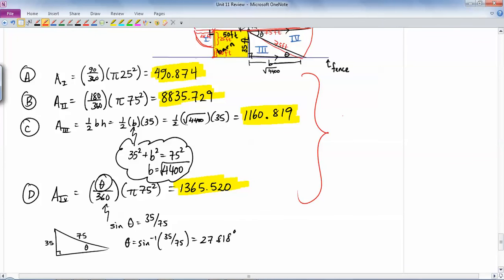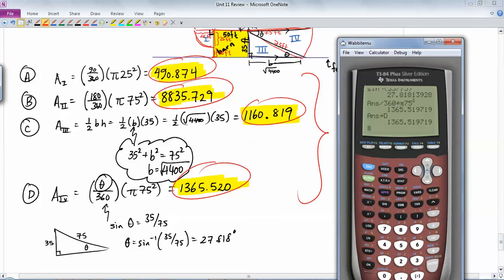So I need to add them all together. So I want the sum of all of my areas. So I'm going to add up the 490, that thing, and that thing. But really on the calculator, I don't have to bother cutting and pasting them. I can just say, since I stored them as A, B, C, and D, I'll just add those together. And there's my answer. Now let me make sure I did this correctly.